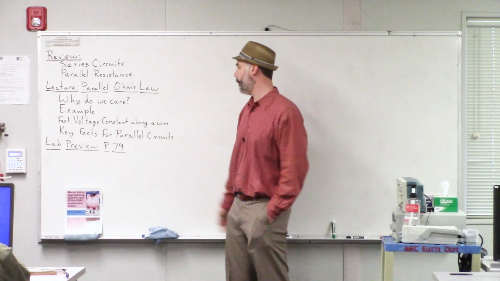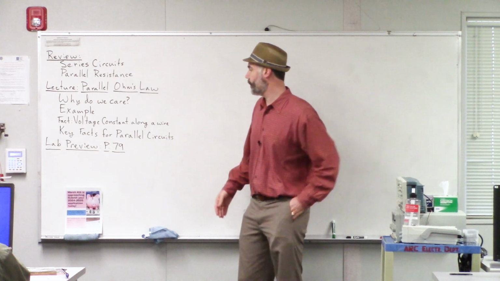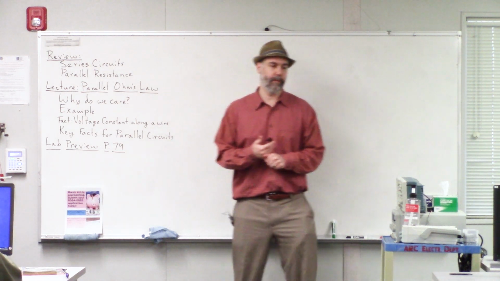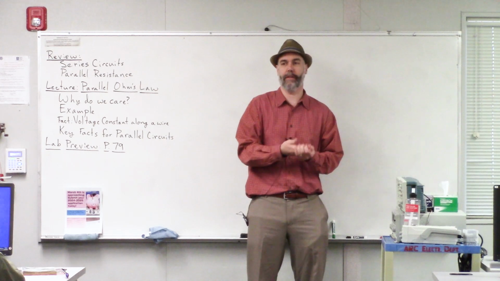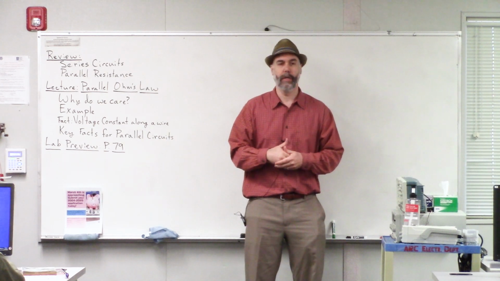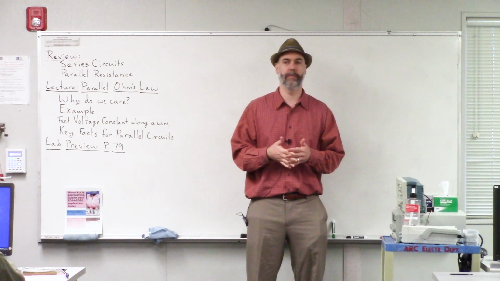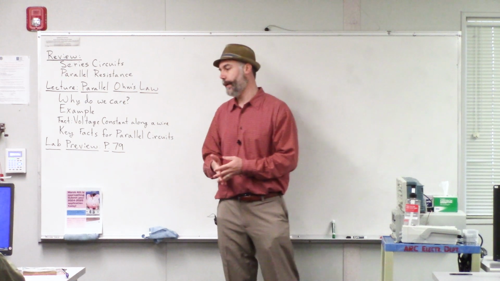And then we'll look at a couple of key facts for parallel circuits. Remember, in series circuits, we saw that when the current flowed out of one component, it had to flow directly into the next. There was no place else for it to go. So could the current be different from one component to another? No, exactly. In series circuits, the current was the same for all the components.